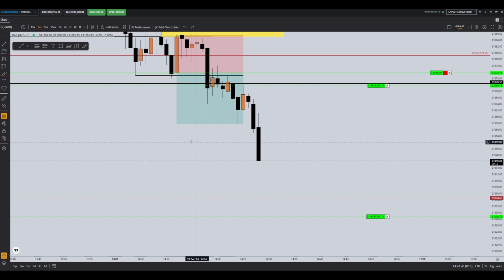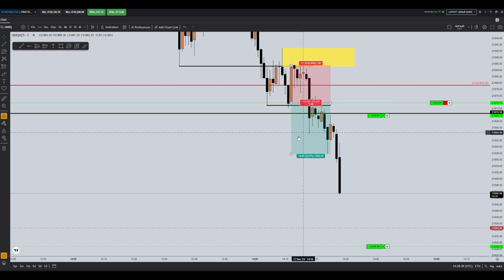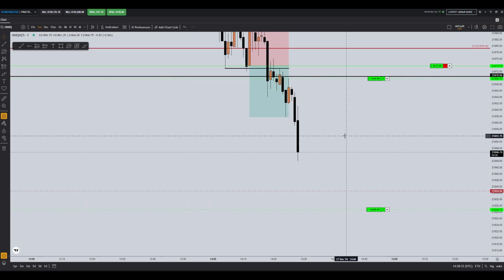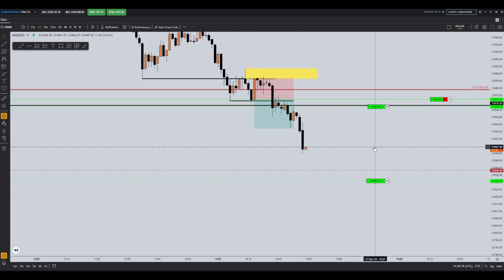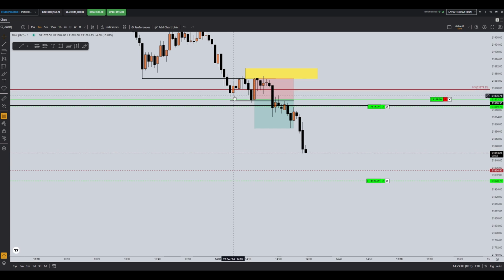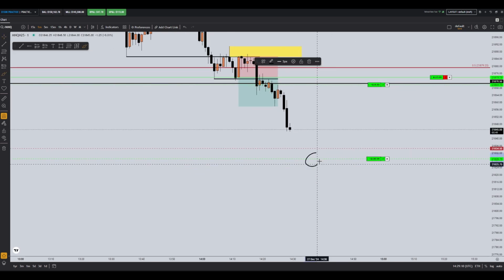Unless you're really, really patient, and the whole time you're just at -1R. Which I think is a stupid idea a lot of the time, especially scalping. If you're doing an investment or a long-term trade, then yeah, you would be at this -1R for hours until you finally hit your target.